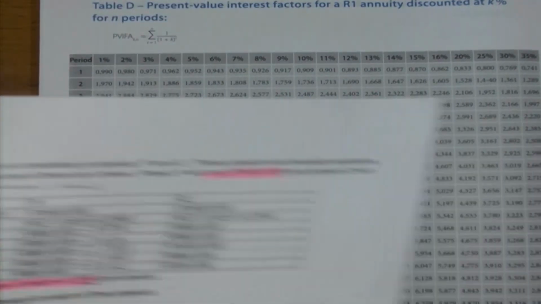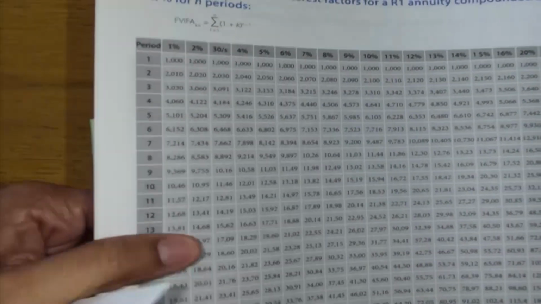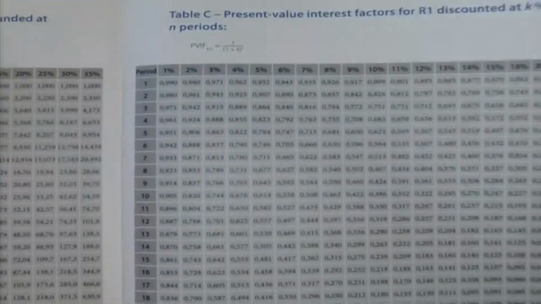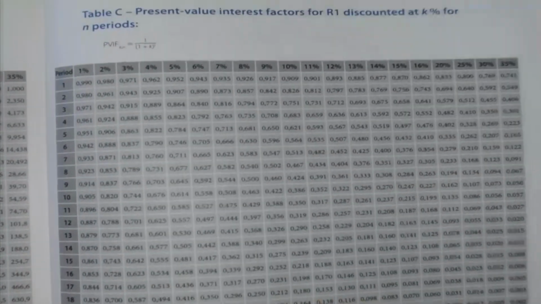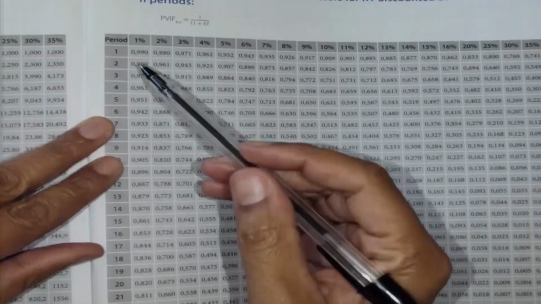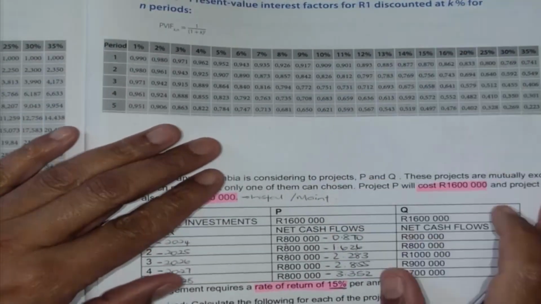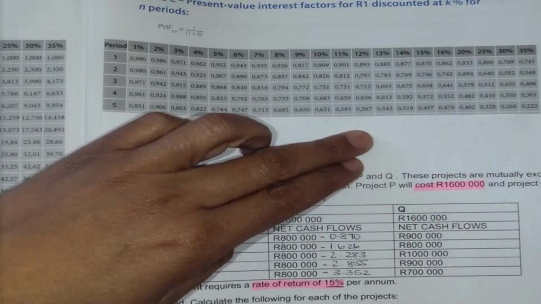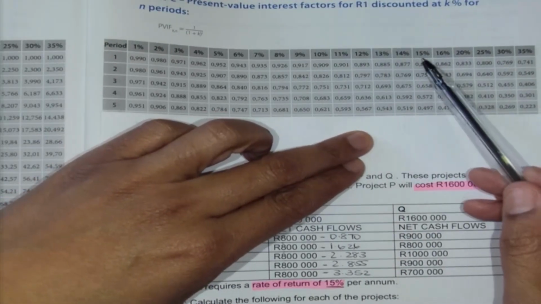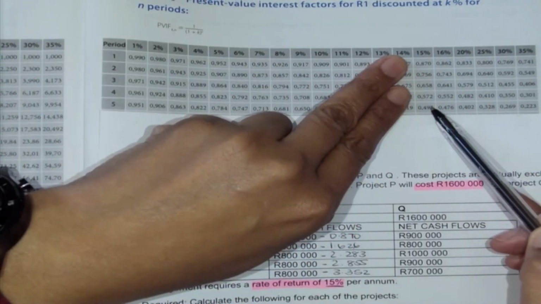Then I'm going to write in my factors for project Q, which is different amounts. Okay, you see, it does not say annuity. So then I do exactly the same. My period will be my first 5 years, 1, 2, 3, 4, 5. Then I go and look for 15%, which is there, and every year I will take the factor.